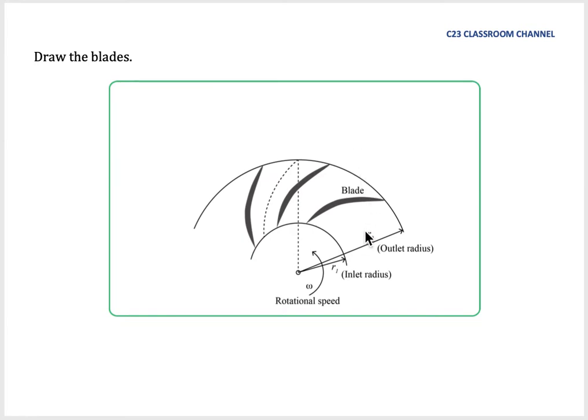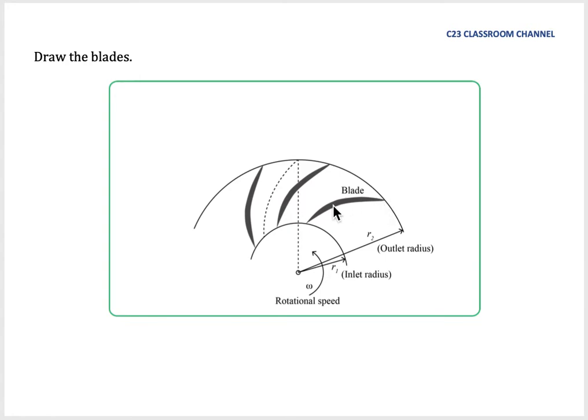The idea is simple. First, you need to know the direction of your rotational speed. Let's say we have a rotational speed that rotates from right to left, counterclockwise like this. Then the water will also move counterclockwise.